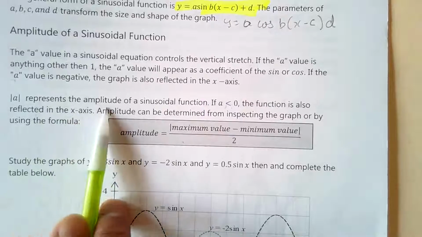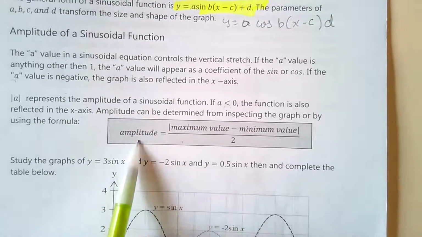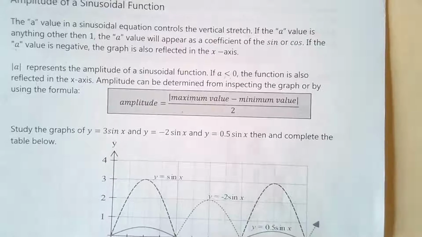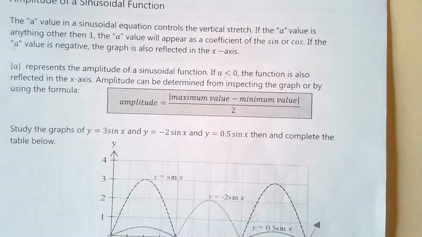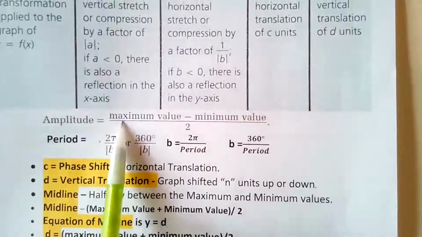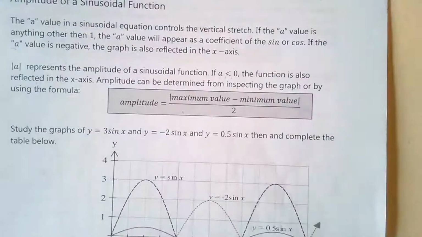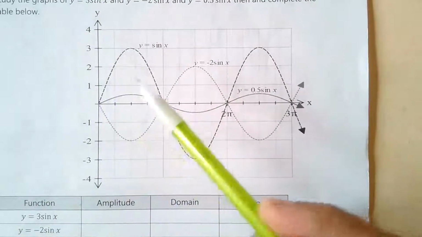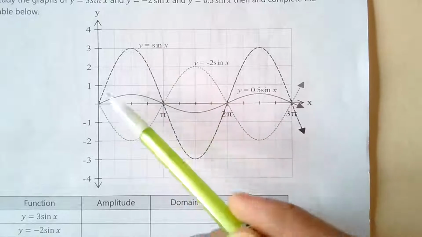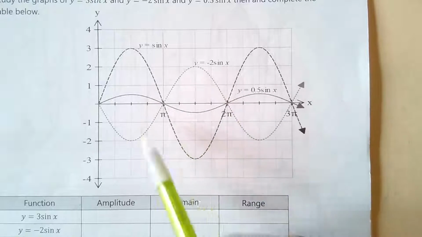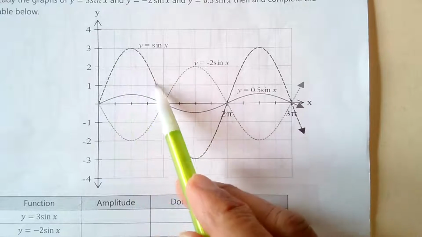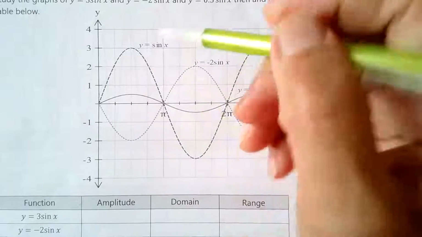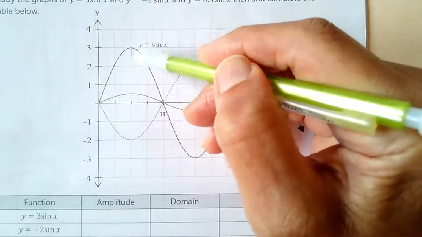Now, a represents the amplitude of a sinusoidal function, and here's the formula for amplitude, which I alluded to earlier. The amplitude is your maximum minus the minimum, divided by 2. So let's focus on the amplitude in this case. Here we have the graph. The first one, y equals 3 sine x, has an amplitude of 3.